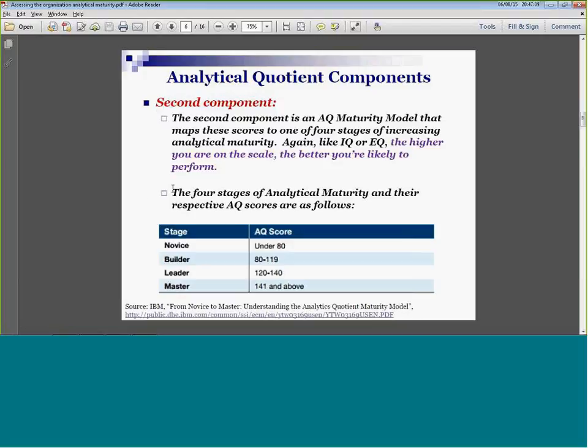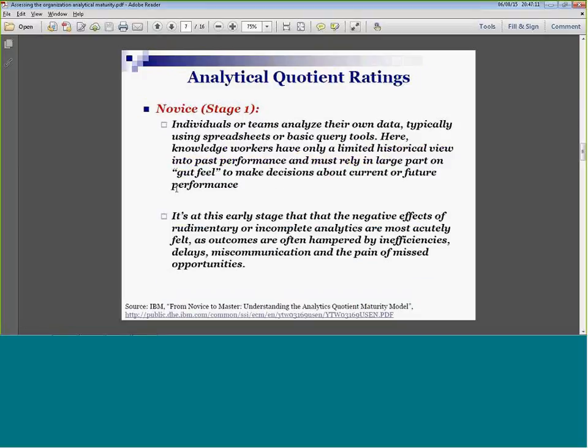And then, of course, IBM does give you some steps and some proactive things you can do to move up the food chain. So here are the brief definitions of these stages. If you're at stage 1, novice, individual teams analyze their own data, typically using spreadsheets or basic query tools. Okay, that would be something like a dashboard.